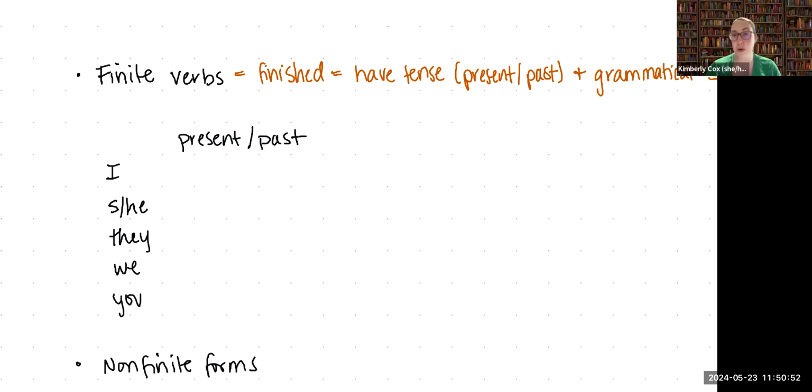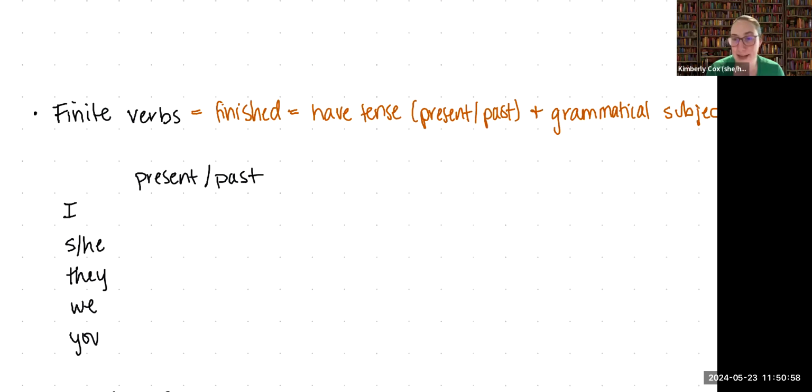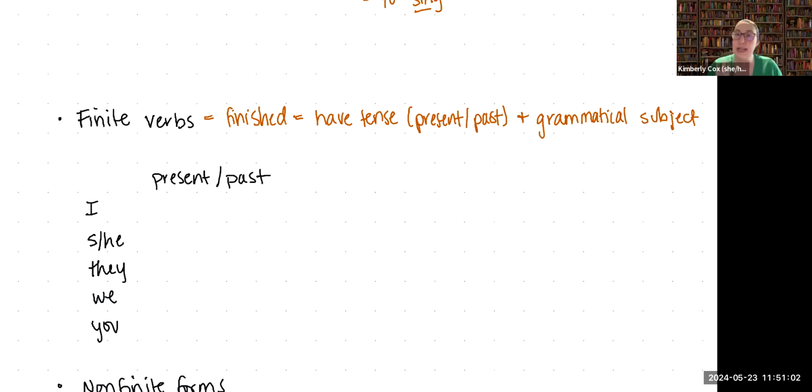The reason for this, and I'll scroll down just a little bit to make sure that you can see what I'm saying, and zoom out just a smidge, is that you need a subject in order to match the verb form with. I'm going to give you a couple of illustrations. What you see along the side is I, she, he, they, we, you.